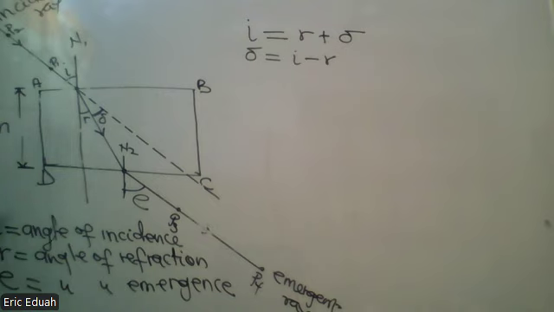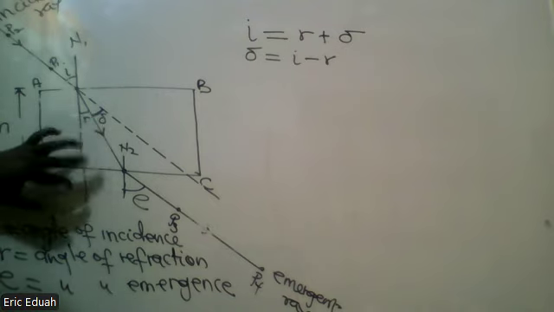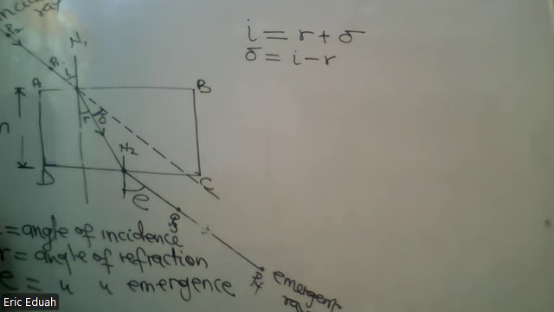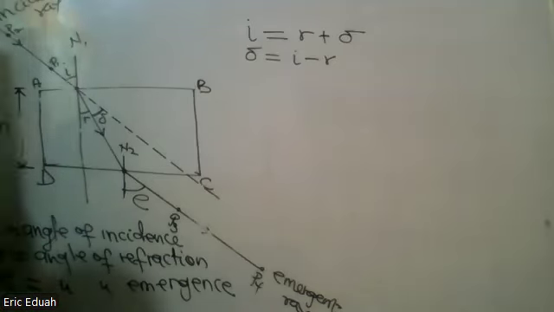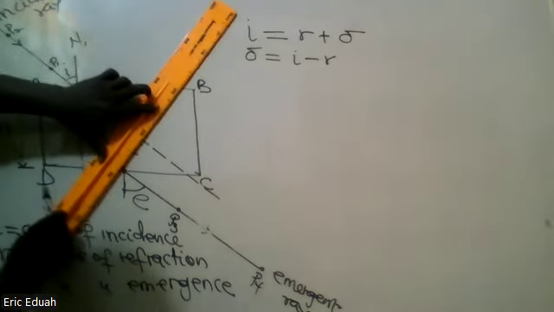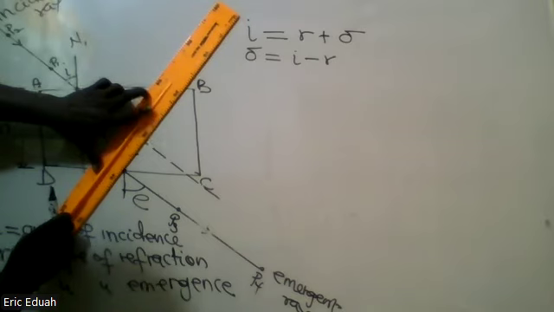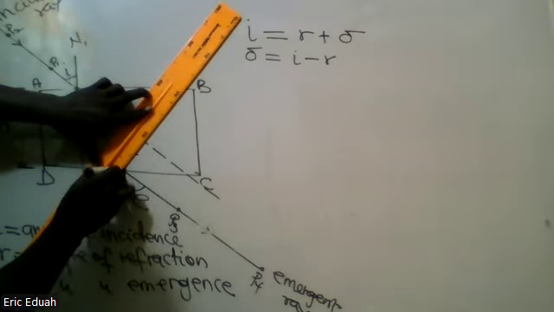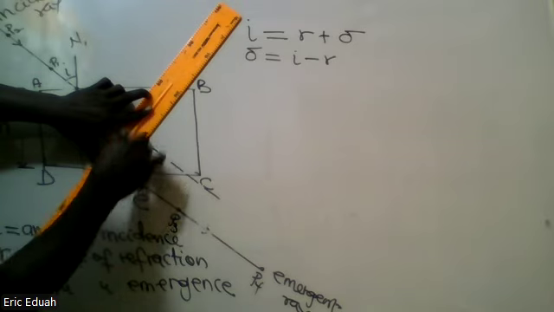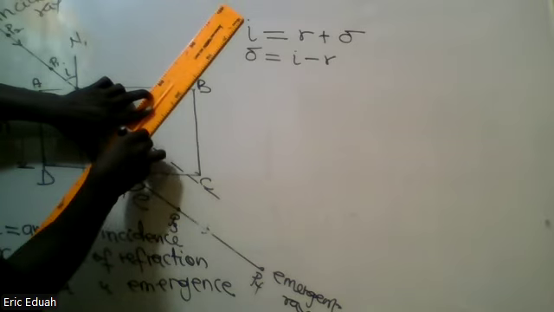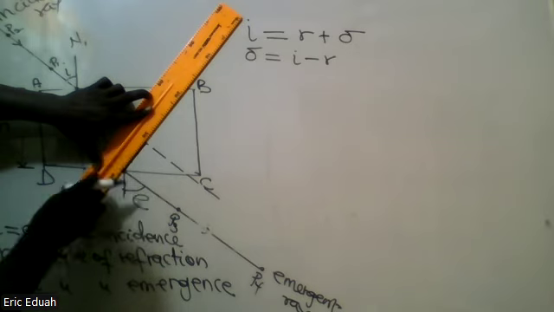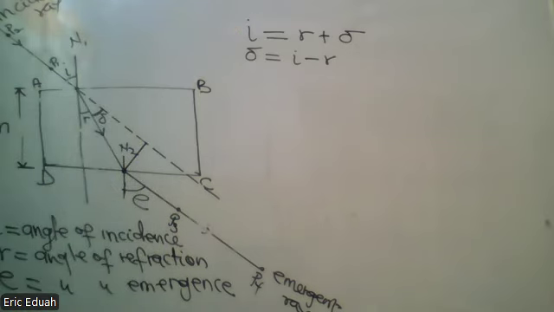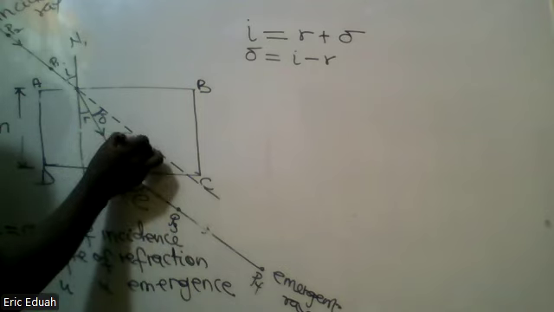Now we see that the ray is supposed to go straight, but it's been deviated by this angle. A perpendicular line drawn from the second normal to this line gives us the lateral displacement. So when we draw a perpendicular line to this, you have the lateral displacement D.